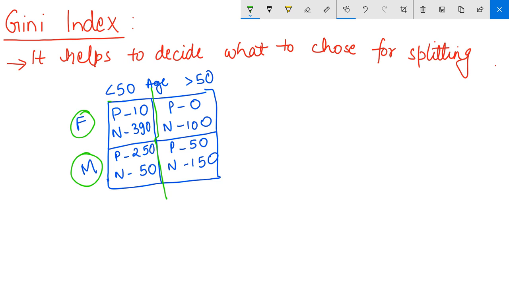So this is a survey on who loves to play football. I'll just write loves to play football. If the person is less than 50 years of age and gender is female, there are 10 with positive results. P is positive and N is negative. So 10 females love to play football at less than age 50, and 390 do not love to play football at all.